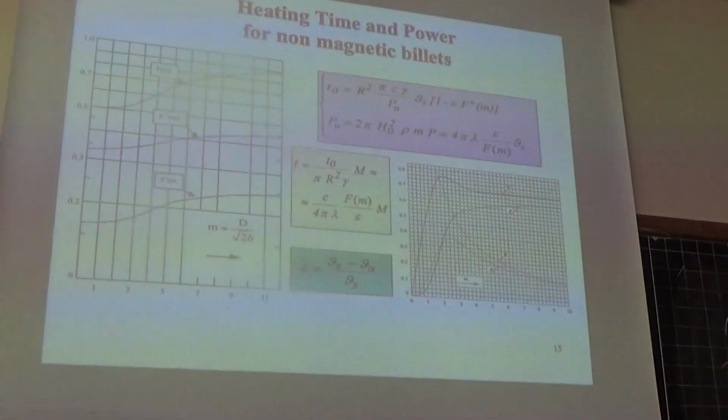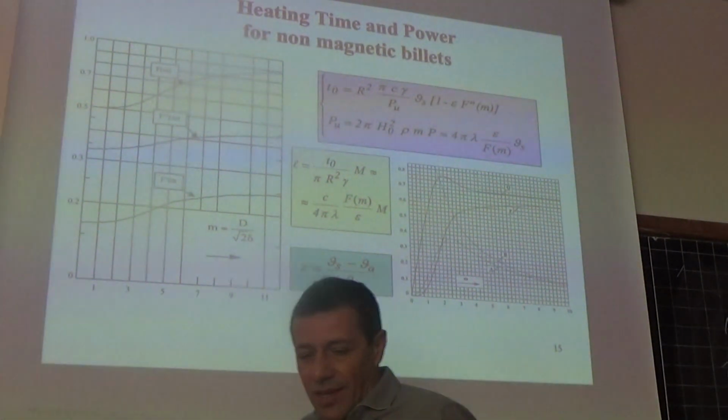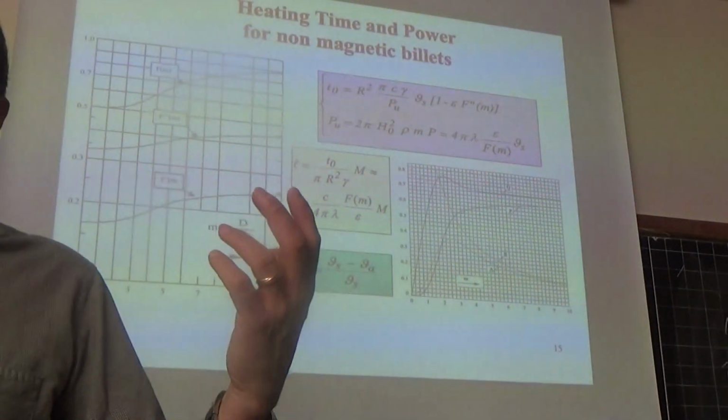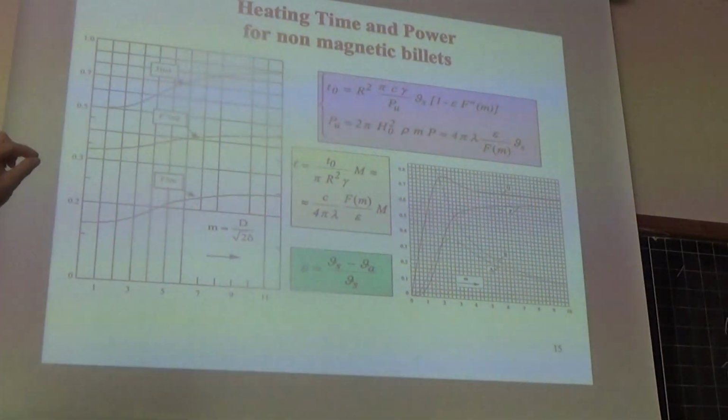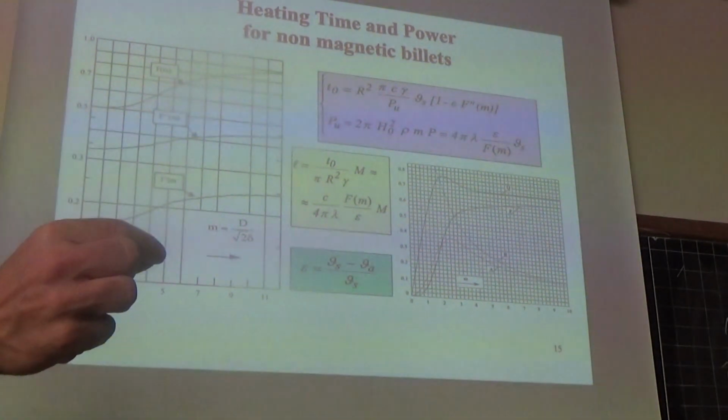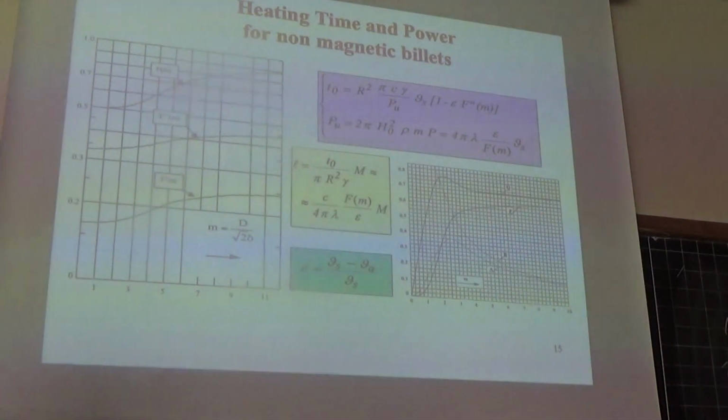So let me say that it's a very simple, ideal case, but starting from these considerations, we are able to understand the behavior of the thermal transients related to the different parameters, and the choice of the two main parameters, which are the time and the power, with the constraint of temperature difference between axis and the surface.